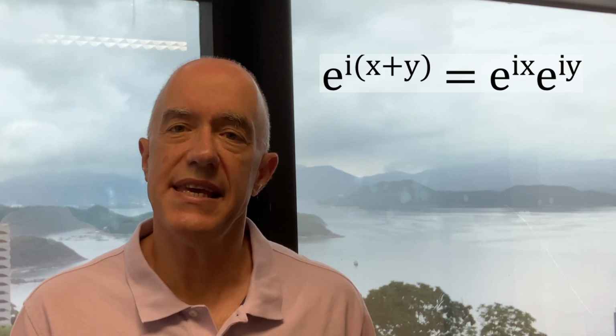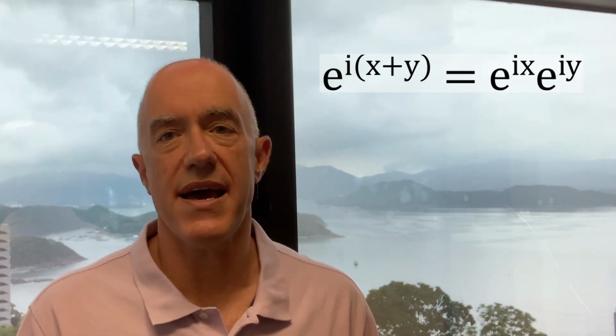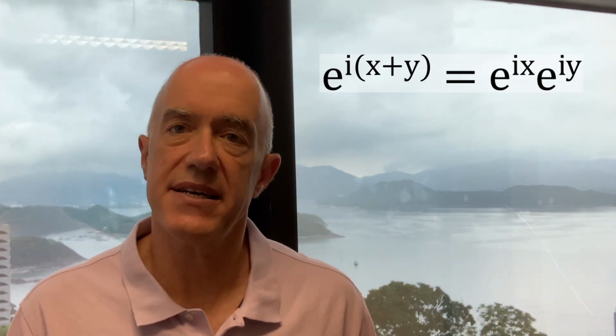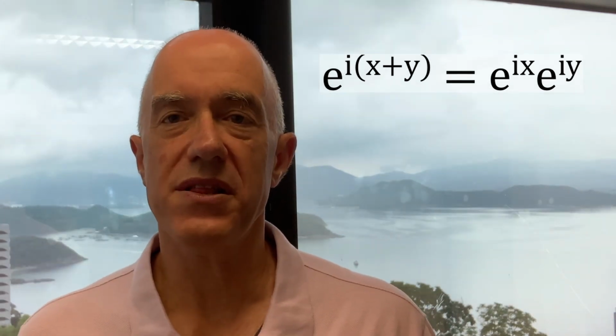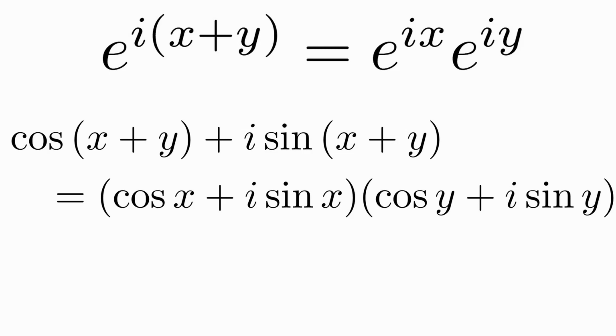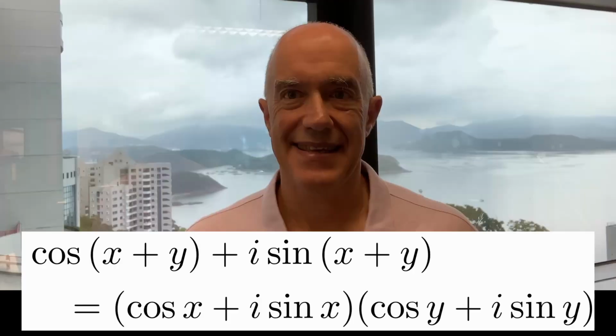We can write e to the i(x plus y) equals e to the ix times e to the iy. Then applying Euler's formula, we have cosine(x plus y) plus i sine(x plus y) equals (cosine x plus i sine x) times (cosine y plus i sine y).